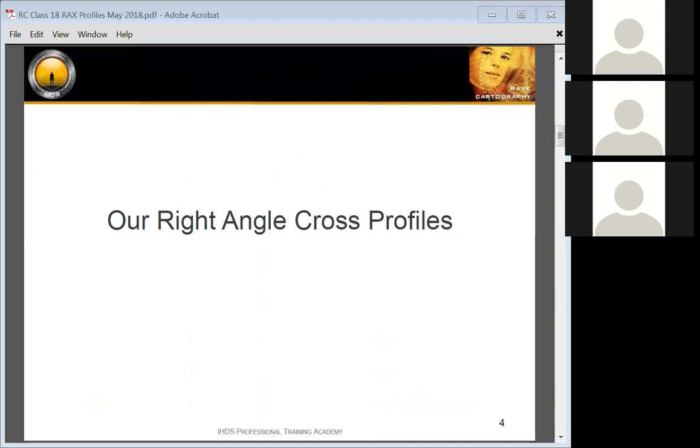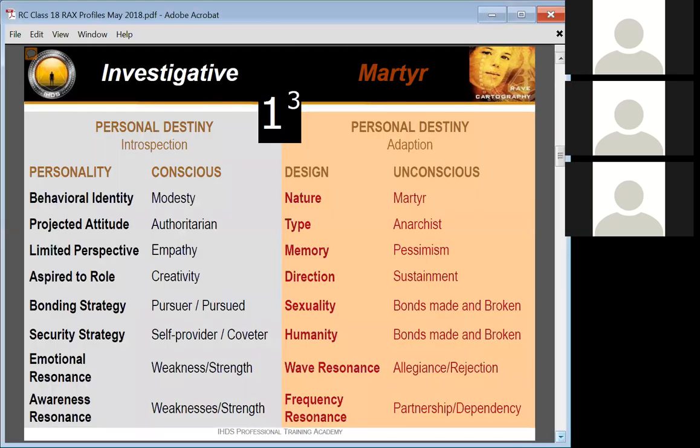These crosses that we're going to be looking at are where we begin the journey. The beginning of the journey for whatever hexagram begins with a 1-3. They're the very first profile in whatever the hexagram cross will end up expressing.